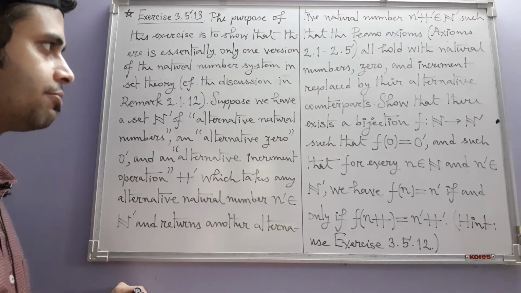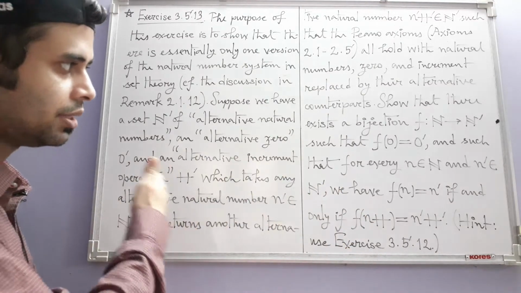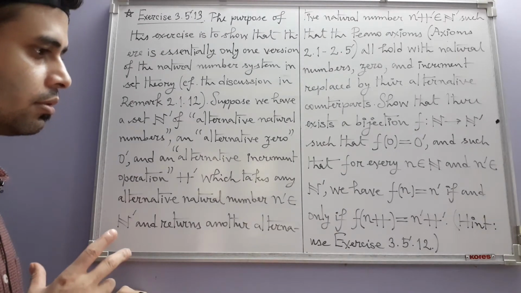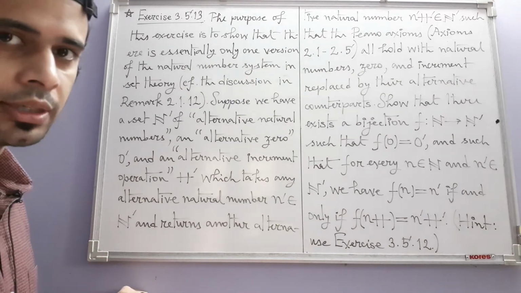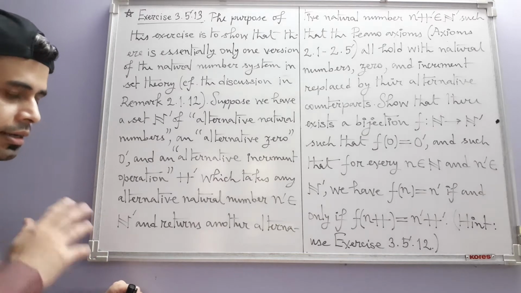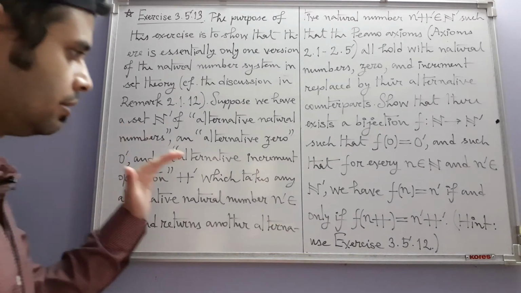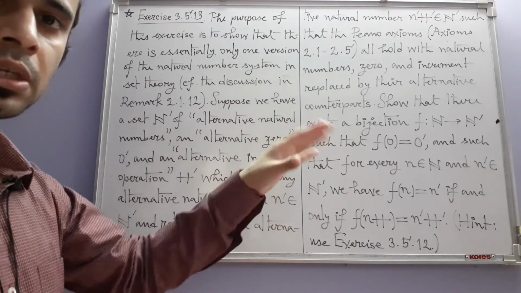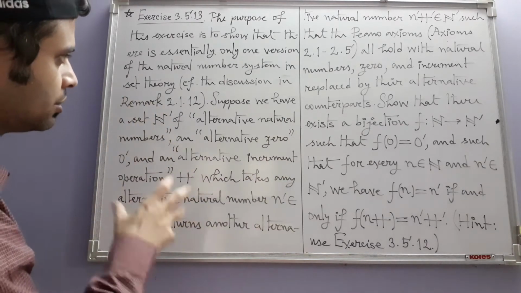So if I have, for example, our ordinary system of natural numbers, the way we have developed them, and I use some other symbols in some other language, say in my mother tongue Bengali, I can use Bengali numerals. The underlying mathematics will not change, provided my new system also satisfies Peano axioms and all those things. Okay, so specifically we have to show this.